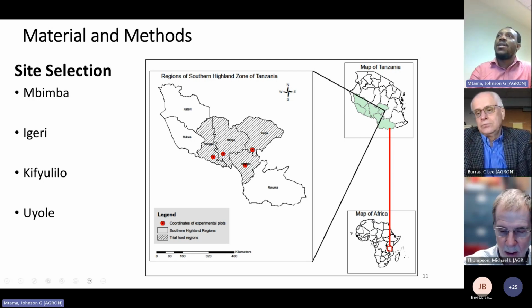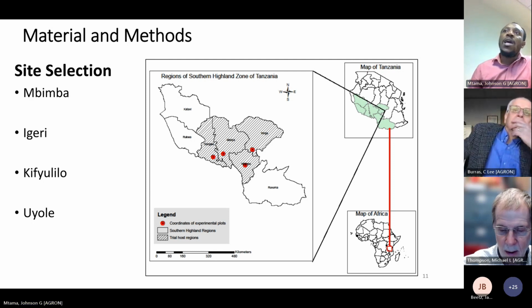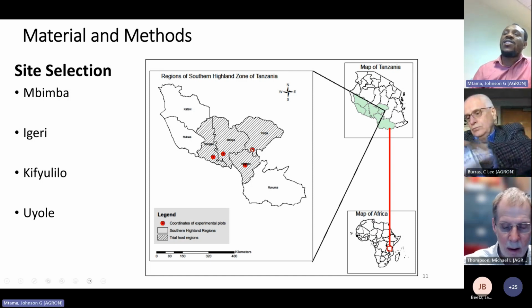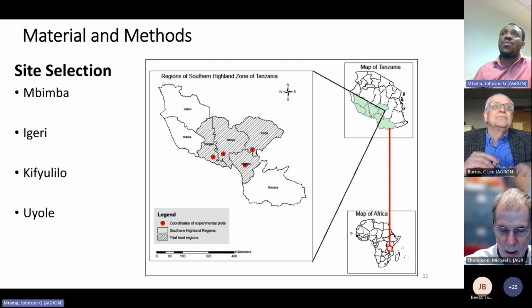So I have got one site at Tari Uyole premise, and then I've got one other site in the western part of the country, which is around 70 kilometers from Tari Uyole headquarters, and the other site is located in Iringa region, which is around 270 kilometers from Tari Uyole. And the last site is located in Njombe region, around 250 kilometers from Uyole site.